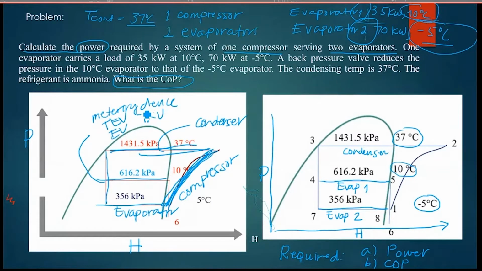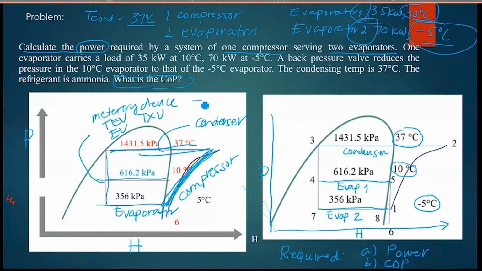Different people, different lands, different literatures use different terms, but TEV stands for thermo expansion valve. EV is expansion valve, and TXV is thermo expansion valve. All these are one and the same. What it does is it lowers the pressure.